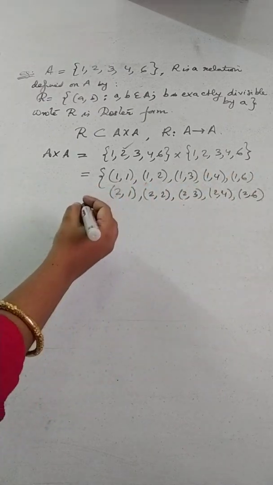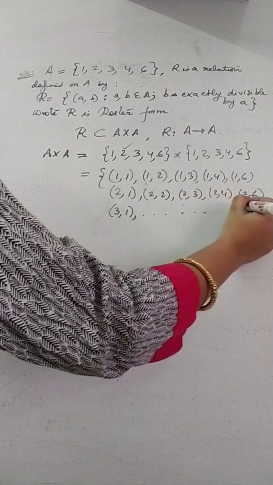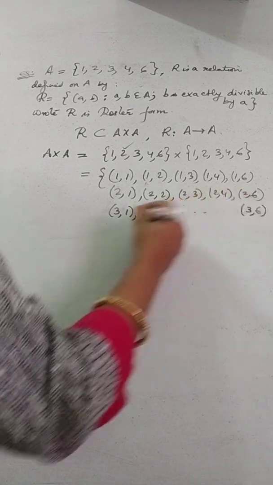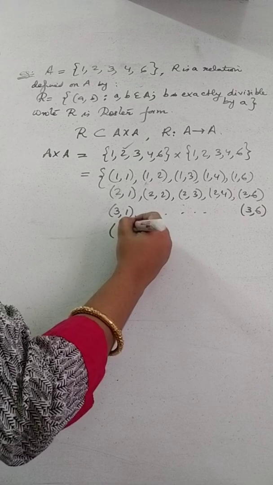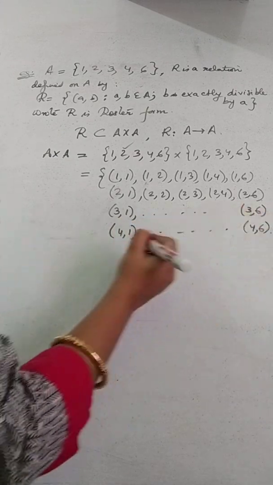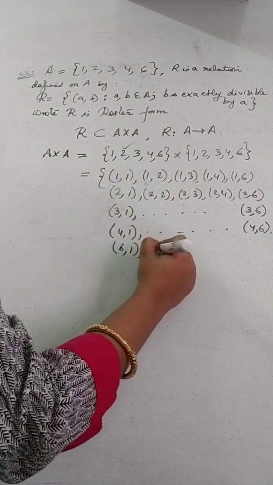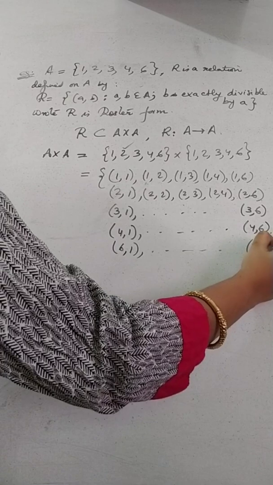Then 3, 1 up to 3, 6, and 4, 1 up to 4, 6, then 6, 1 up to 6, 6.